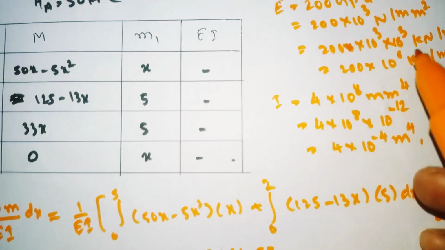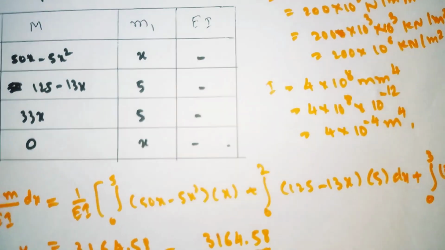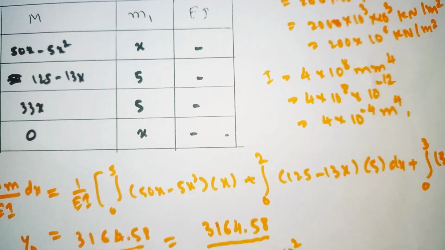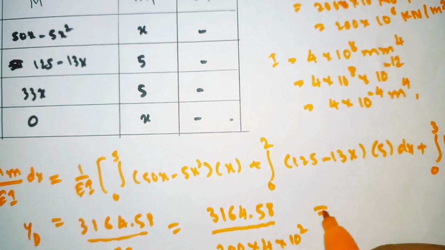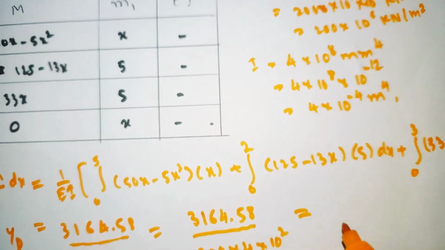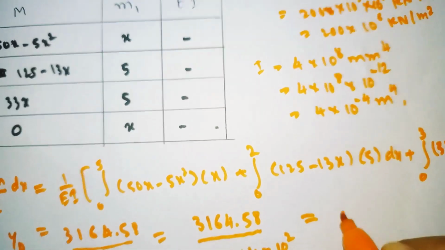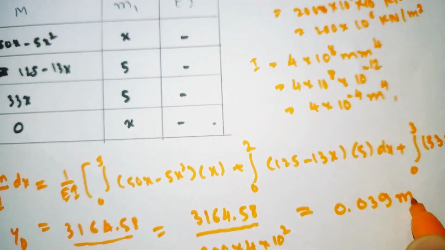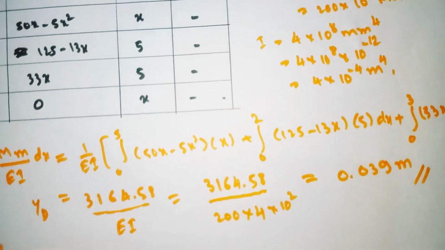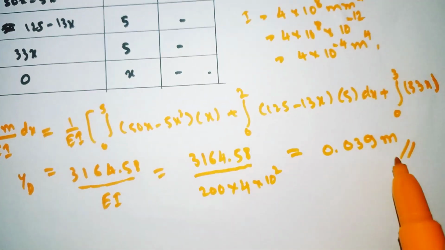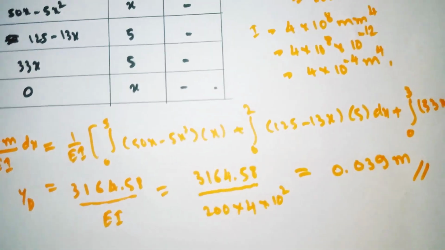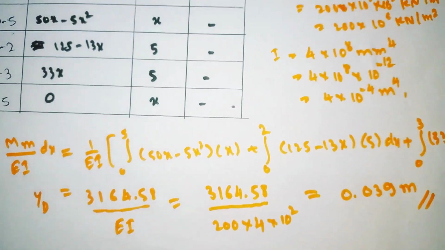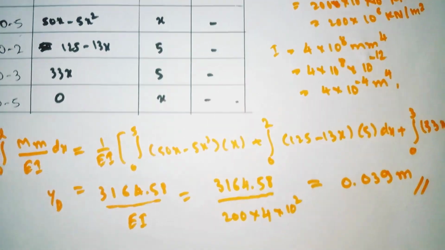Here 10 to the power of 6 and 10 to the power of minus 4 becomes 10 to the power of 2. Now solve it. It will come out as 0.039 meter. This is nothing but our deflection value. This is how we need to find the horizontal displacement.